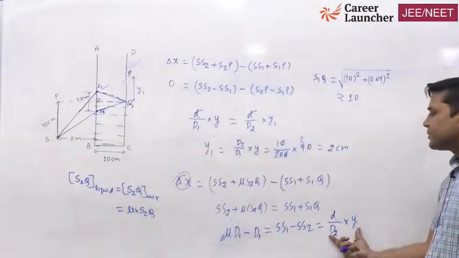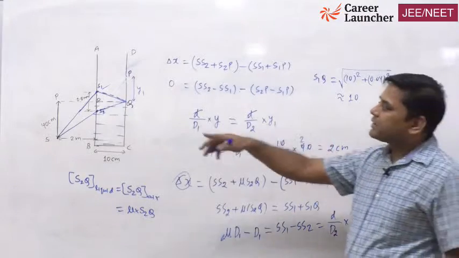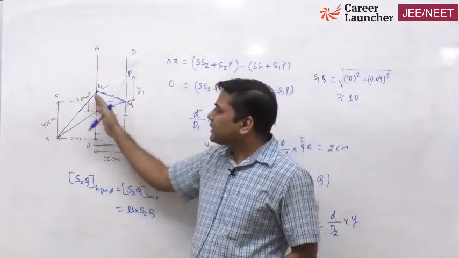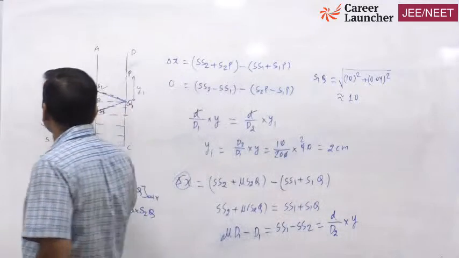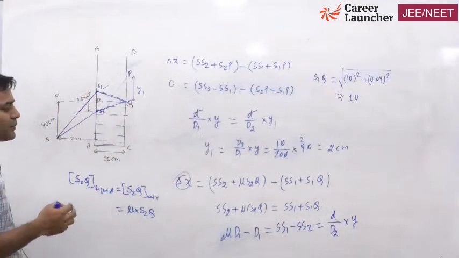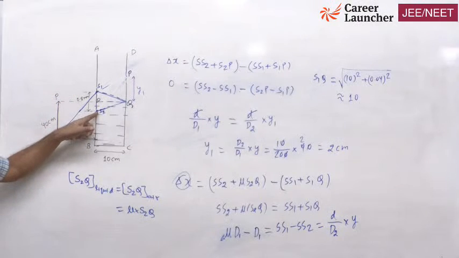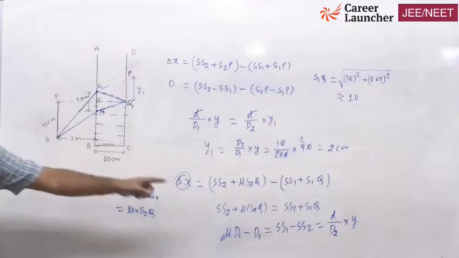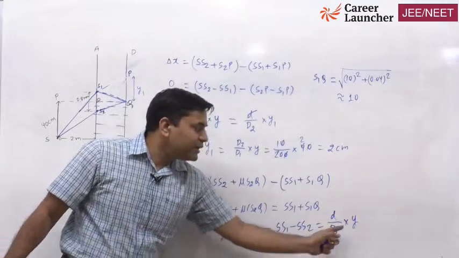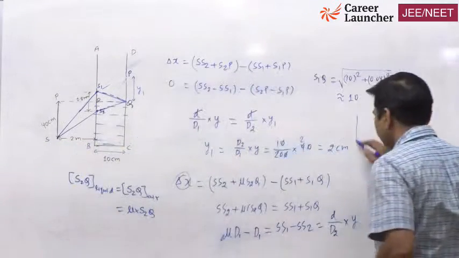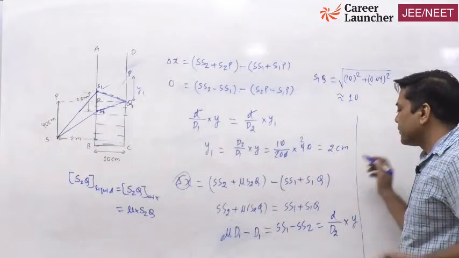So this formula you remember. Before this arrangement, the path difference is given by SS1 minus SS2. Here I am taking SS1 and minus SS2. SS1 is bigger than SS2, clearly looking at the diagram. So here magnitude will be d by D2 into Y, which will make it mu D1.